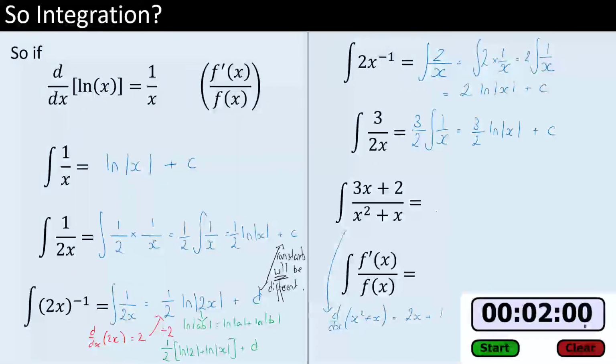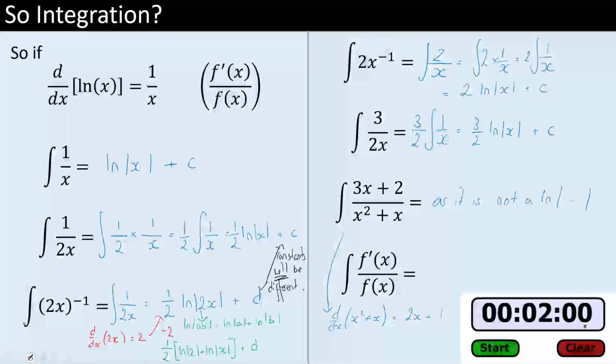So as it is, this is not a ln thing. There are other things that we could do with this integral, but that's beyond the scope of this video. However, we can change this so that it is a question that we could do.